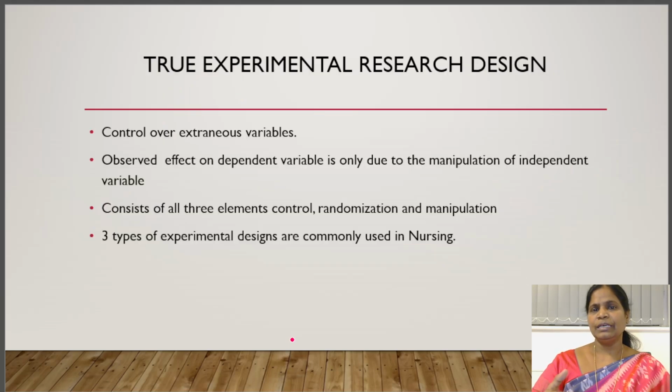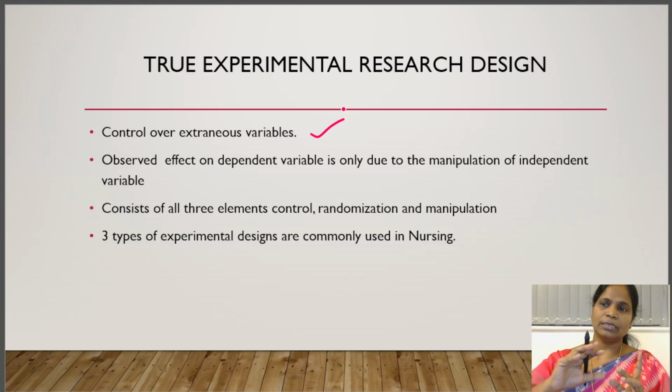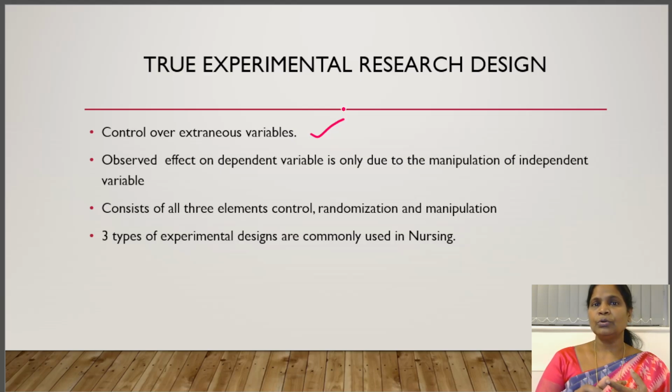Now coming to some of the true experimental research designs, just the same thing I have explained: control over extraneous variables. So I said there are two types of control. One is the control group, that is different. And another is control of extraneous variables, those variables which are not involved in the study.